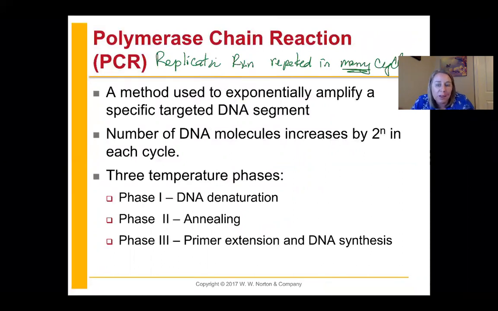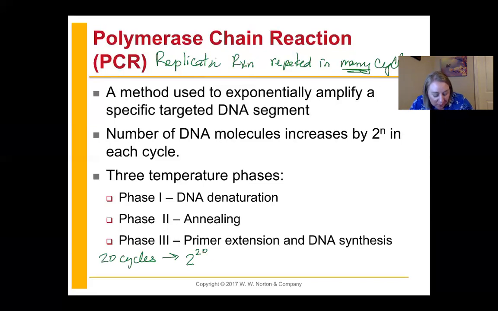And so our number of DNA molecules will increase 2 raised to the n in each cycle. So for example, if we do 20 cycles, you do 2 raised to the 20.